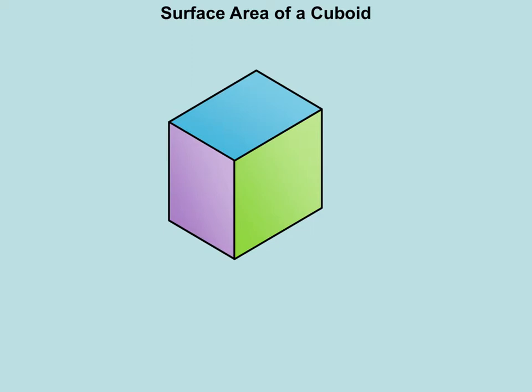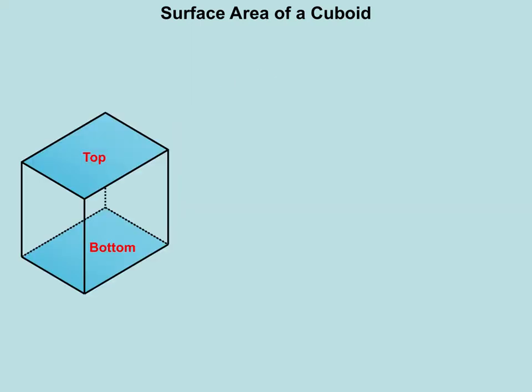So the ones that we have here, we can see that there's a green rectangle, a blue rectangle, and a purple one there. But the cuboid doesn't have just three faces. Here we can see that we have a top and the bottom, so that's two faces there. These two faces are the same size, so they have the same area.